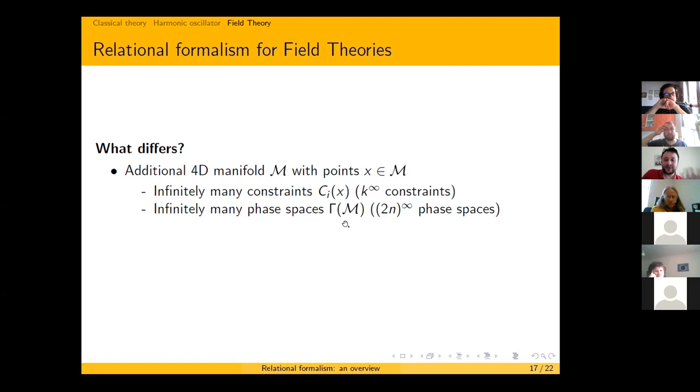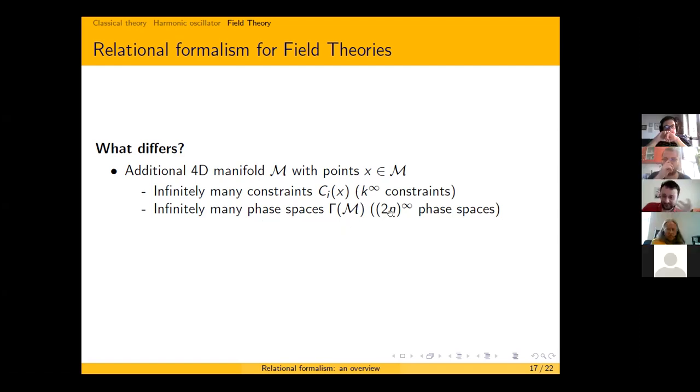And since the points are infinite, we have 2n to the infinity phase spaces. And this is not something very nice to see, because we have to deal with infinitely many constraints and phase spaces. This complicates the framework a lot.